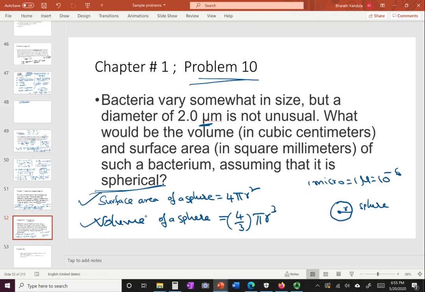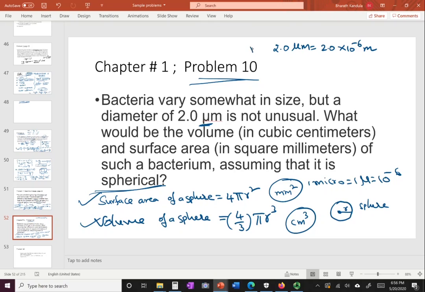We need to express volume in cubic centimeters, which are CGS units, and surface area in square millimeters. So do we know the radius? We know the diameter of the bacteria, which is 2 micrometer, right? So 2 micrometer means 2 times 10 to the power negative 6 meters here.